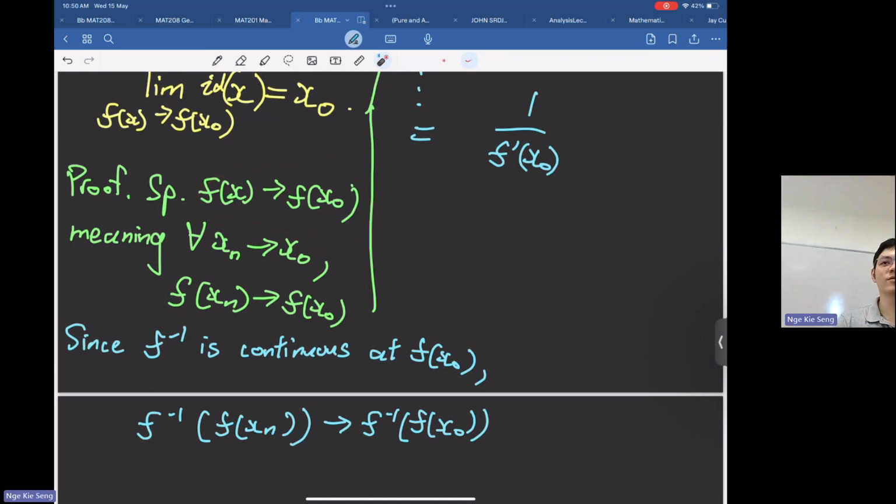No, no, no. Let us be careful a bit. What does this line mean?